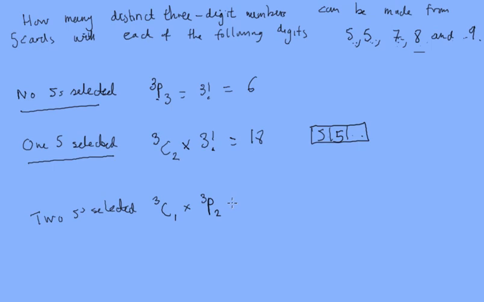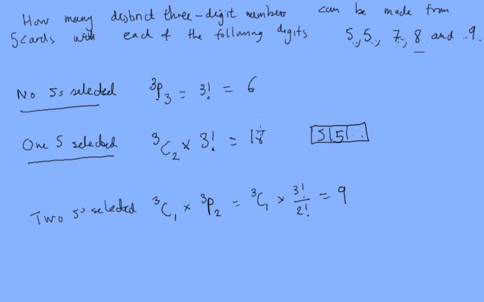And that gives us 3 choose 1 times 3 factorial over 2 factorial, which is going to give us 9.